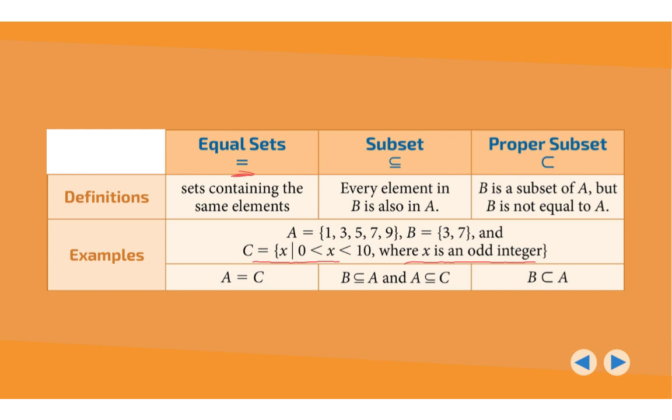So 0 is less than x, which is less than 10. That means all the numbers that are odd integers between 0 and 10, which would be 1, 3, 5, 7, and 9. So if we're looking at the equal sets, which are sets that contain the same elements, you see that A and C equal each other, which makes our example here for equal sets A equals C.